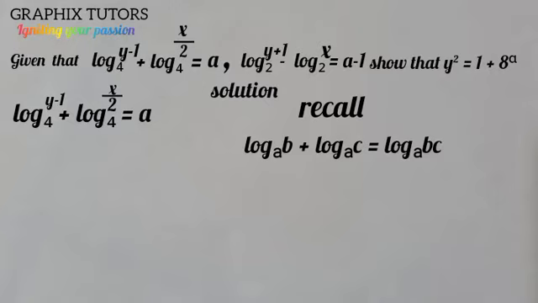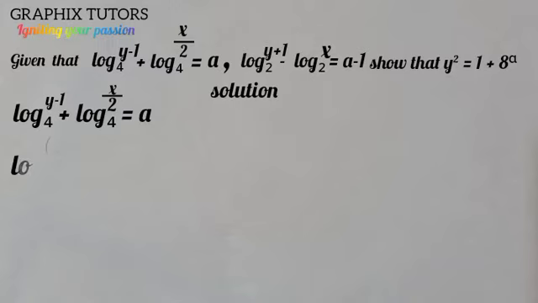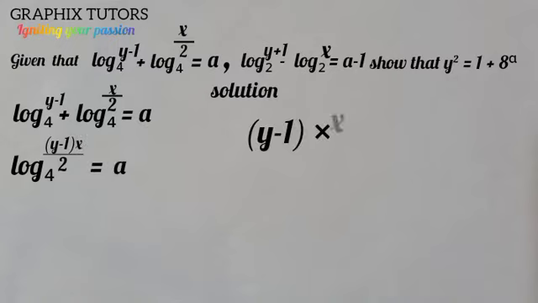That means when you have two logarithms that are adding each other, you need to multiply both of them, right? So if I implement this law into the expression above, I'll be having log of (y minus 1) in bracket multiplied by x over 2 to base 4 is equal to a. Now I have successfully multiplied both of them, right?